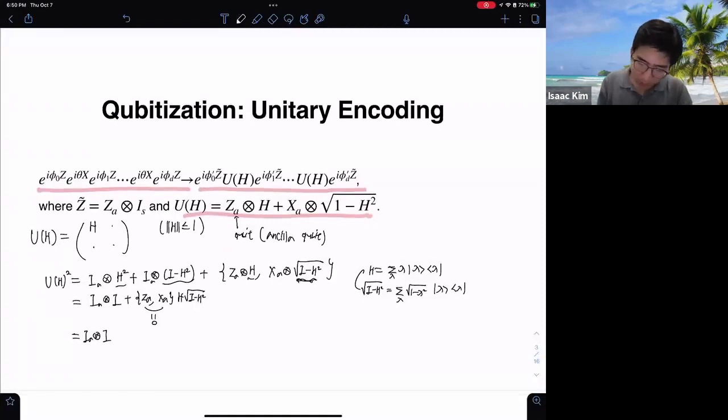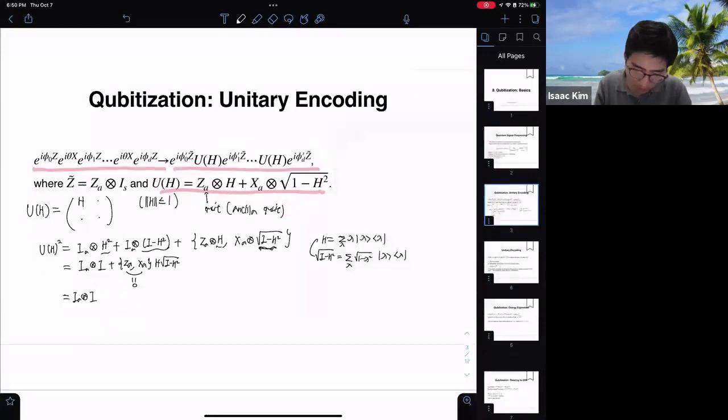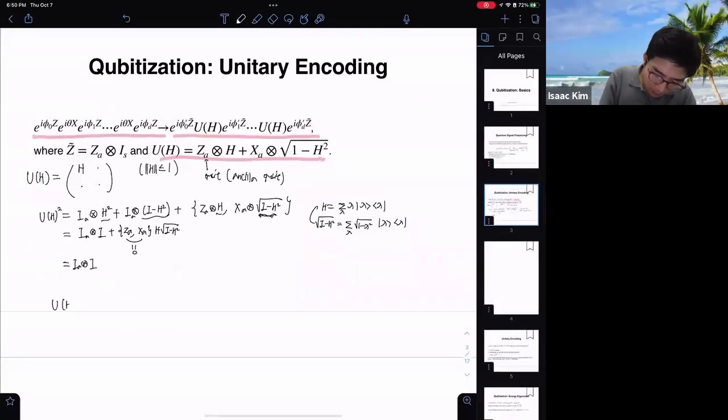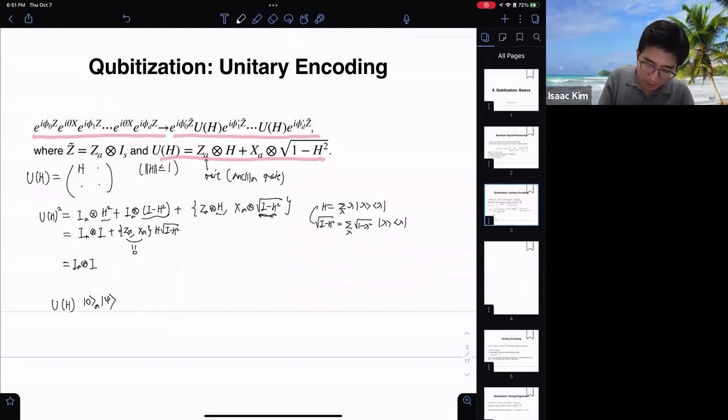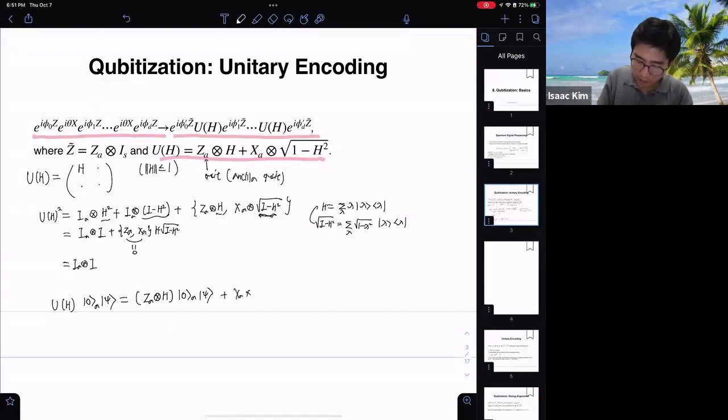Moreover, we can study the block diagonal form of this unitary operator by feeding in explicit states. Let me make a little extra page here. Suppose we apply U of H to a state of this form, where psi is an arbitrary state. Then we have that, and we have this term.